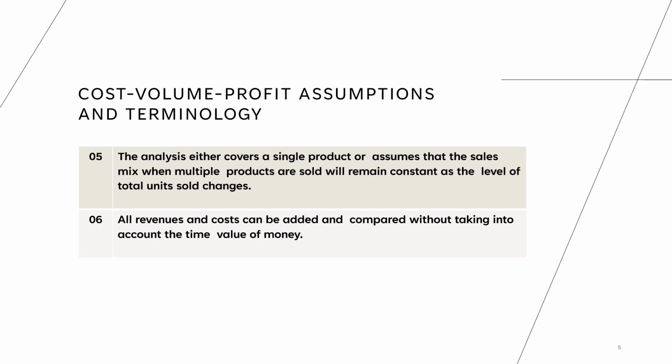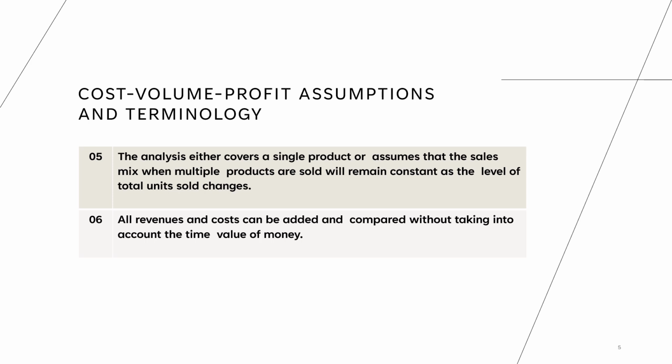So all the financial calculations such as revenue, cost, and profitability are based on the performance of this single product. And then in terms of the sales mix, a constant sales mix is applied: when analyzing multiple products, the assumption is made that the proportion of sales for each product remains unchanged regardless of changes in the total number of units sold.